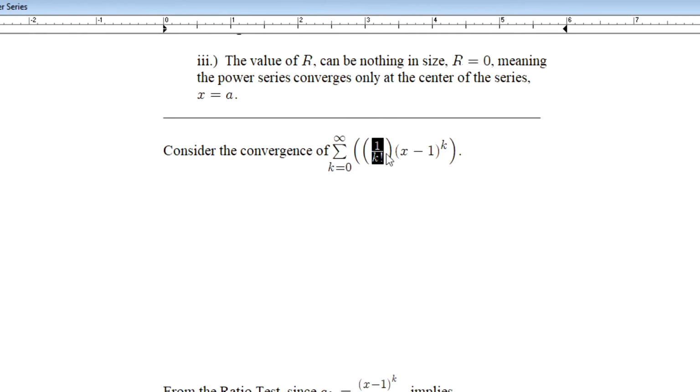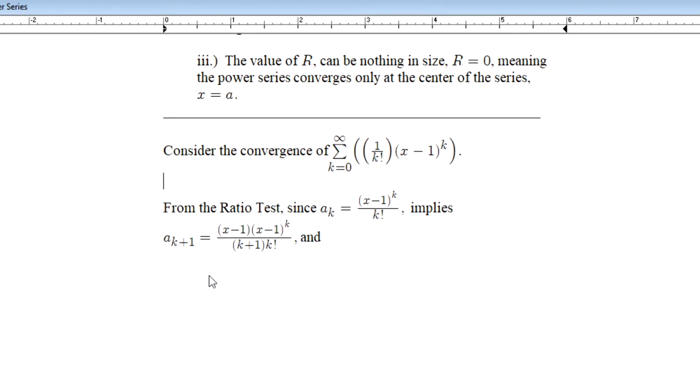It is some coefficient of k times this common factor x minus 1 raised to the kth power in the series, where from the ratio test, a sub k would be equal to x minus 1 raised to the kth over k factorial, and a sub k plus 1 would be x minus 1 times x minus 1 raised to the kth, all over k plus 1 times k factorial.